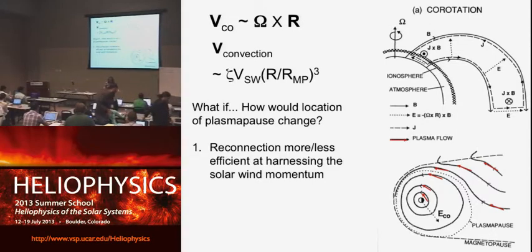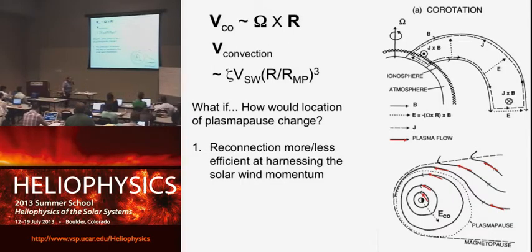Say we had a magnetosphere and an upstream condition where this reconnection efficiency is really strong and you're driving this Dungey flow like crazy, what would happen to this plasmapause boundary? Would it move in or would it move out? What are you doing when you change your reconnection efficiency?